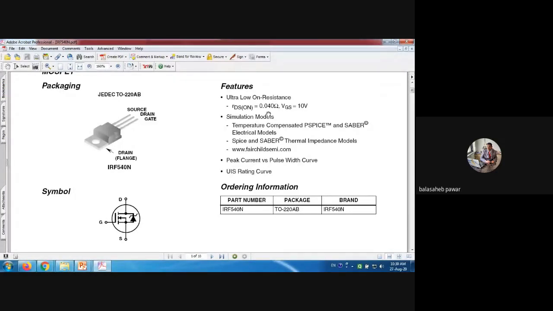Being a switch, just imagine the current flowing through that transistor is 1 ampere, and the transistor is thrown into its ohmic region as per this first feature, ultra low on resistance, by applying VGS equal to 10 volts. How much will be the voltage drop, which is of no use in this application?